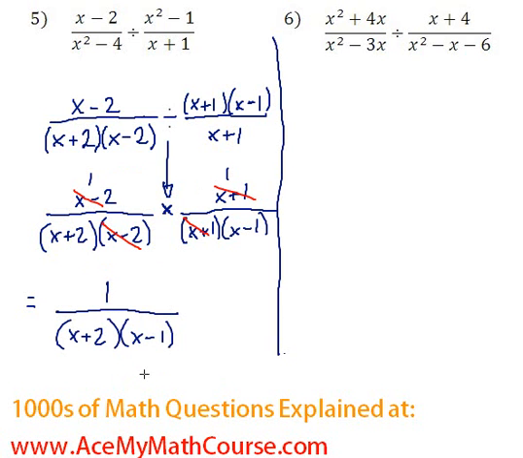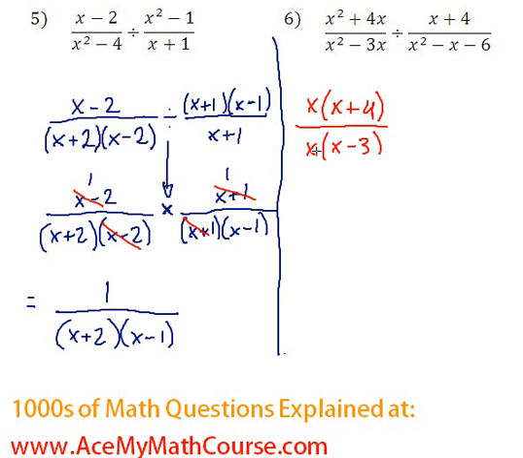I won't expand anything. And over here, we're also going to get started by factoring things out. x squared plus 4x. I'll factor out an x. x squared divided by x is x, 4x divided by x is 4. Now the denominator, x squared minus 3x. I'll factor out another x.